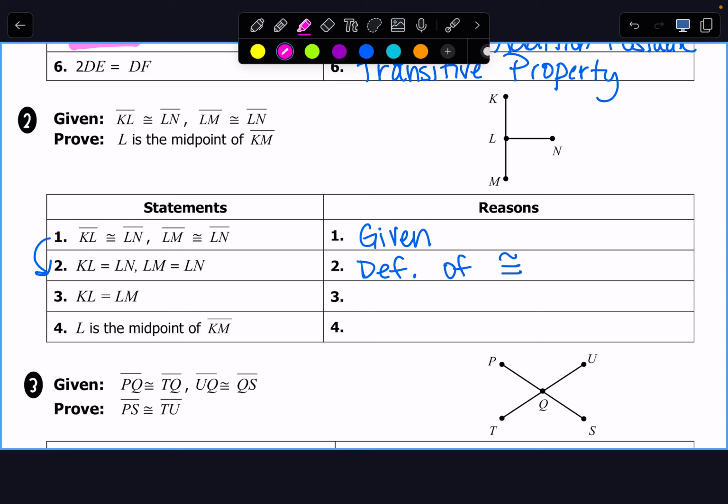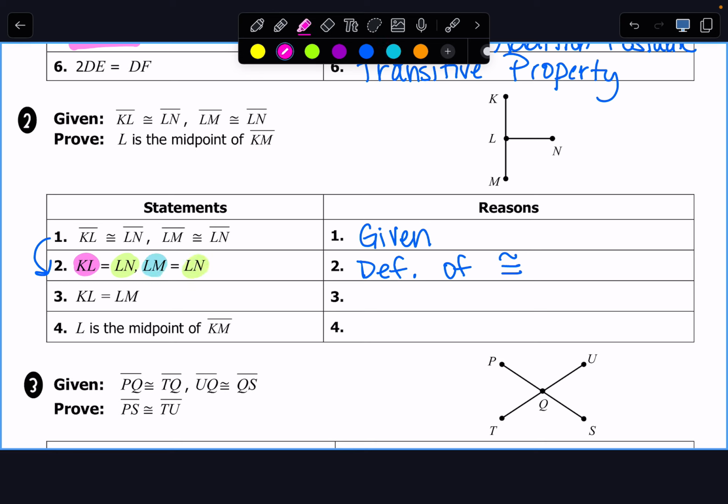So now, the reason we had to change it to equal signs is because of the properties. KL is equal to LN. LM is equal to LN.